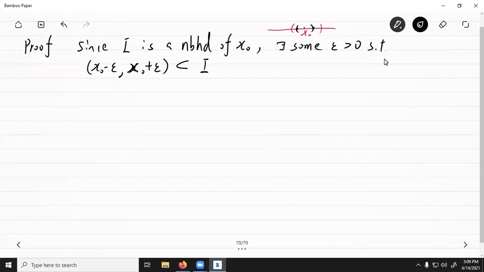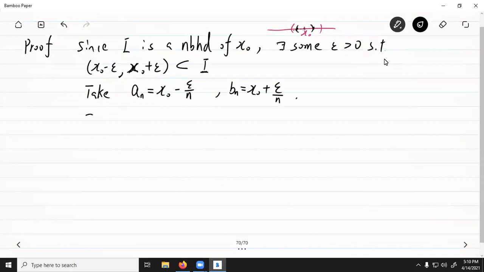Then we take An equal to x0 minus epsilon over n. This must be inside this interval: from here to here is epsilon, so x0 minus epsilon over n would be here, between. And Bn is equal to x0 plus epsilon over n.